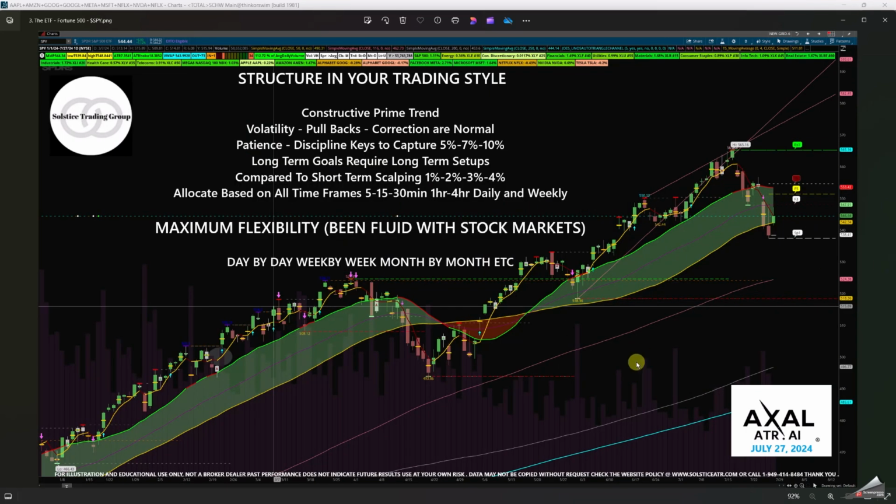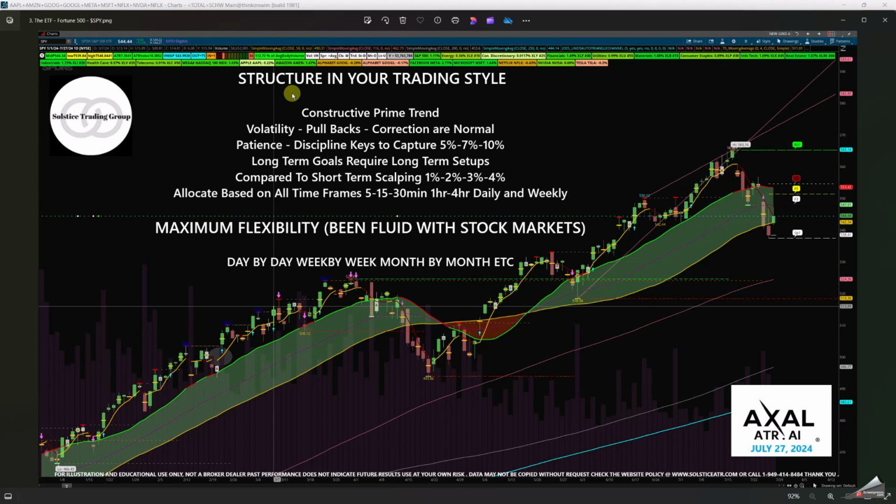But the most important thing, looking at the SPY, the Fortune 500, from the January low of 2024 till the April high and low, and the rally up till July, and we had this reset here. I want you to look at the structure in your trading.